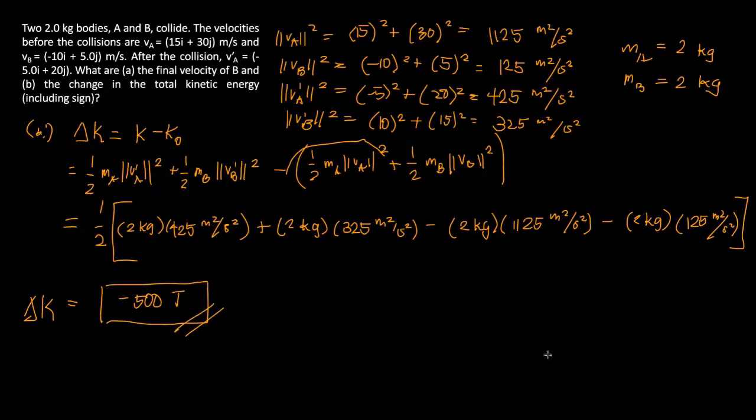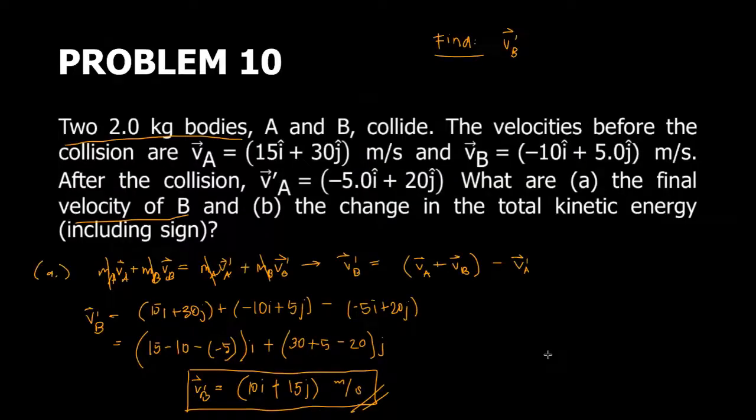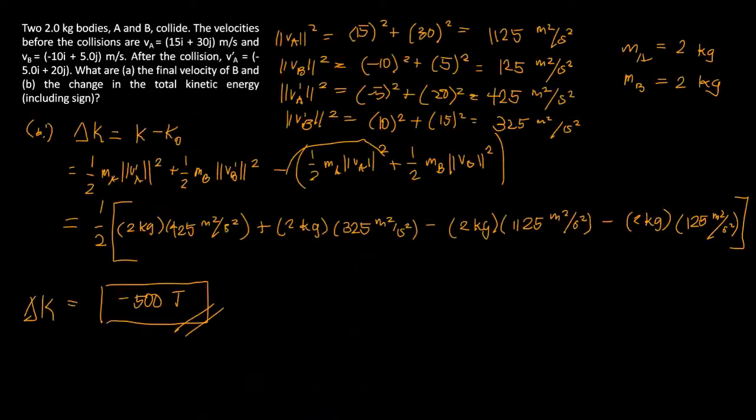Okay. Again, for letter A, ang ginawa natin is yung conservation of momentum. Since the same lang yung quantities ng masses, we cancel those and we solve for v sub b prime. May nakuha tayong 10i plus 15j meters per second. Dito naman sa letter B, hinanap natin kinetic energy, kailangan natin muna hanapin yung mga scalar quantities ng velocities.